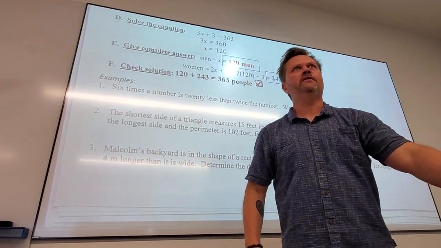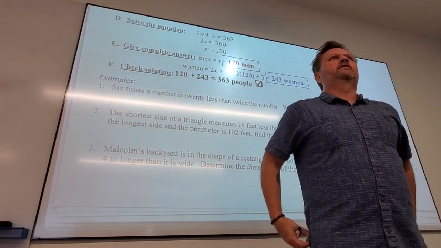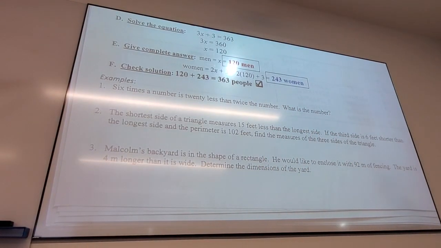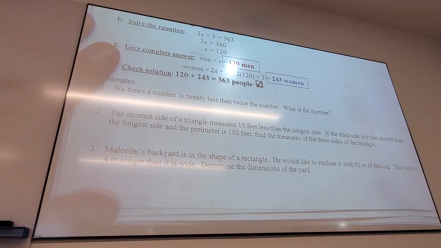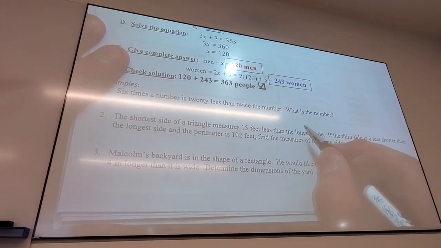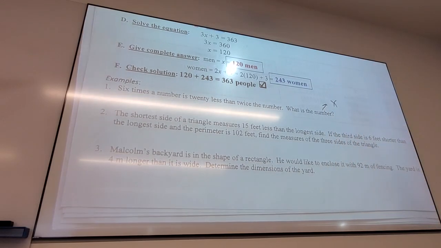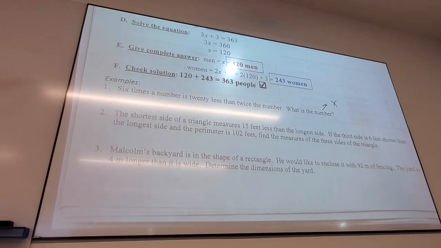So this has that less than thing in there, so be careful. So what is it I don't know in number 1? The number. So what do you want to call it? X. You can call it N. You can call it happy face. You can call it omega. You can call it whatever. You just need a symbol. And X's are like the default symbol.